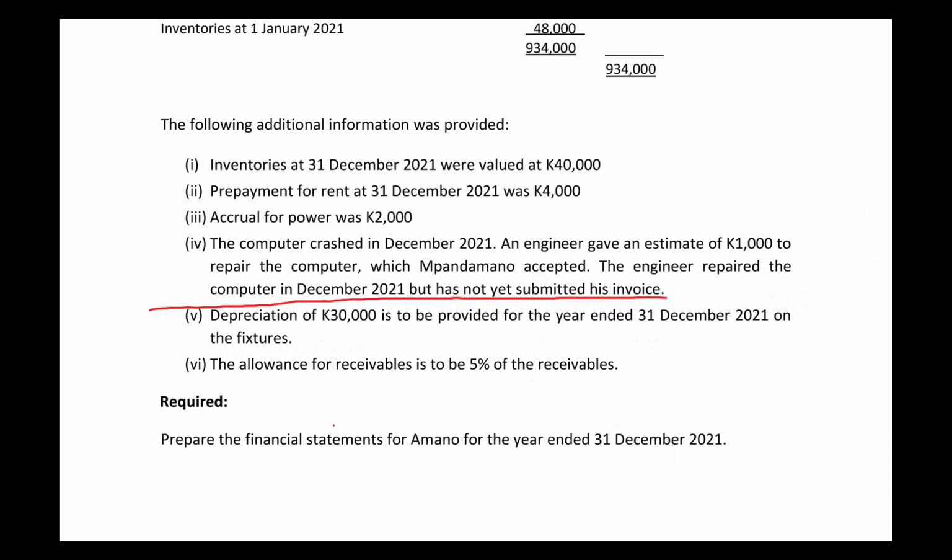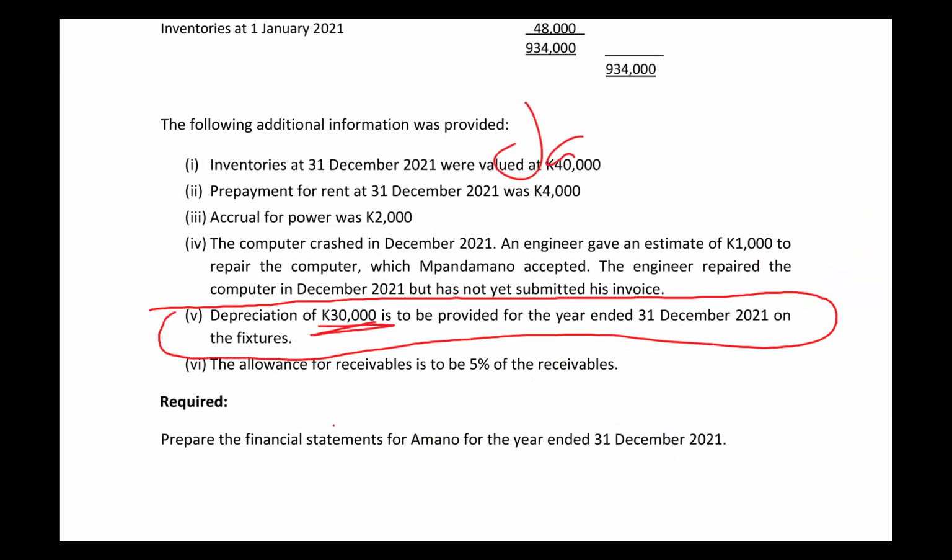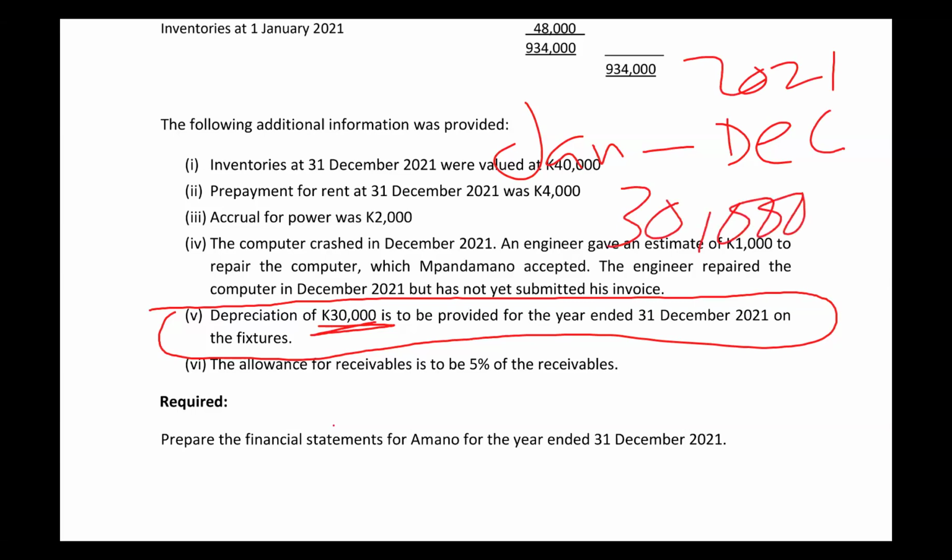They've already told us that the depreciation is provided at the end of 31st December 2021 as 30,000 on fixtures, which means from January up to December 2021, this asset lost 30,000. Then from the time we acquired it up to this January, it had lost already 30,000 as of 1st of January.